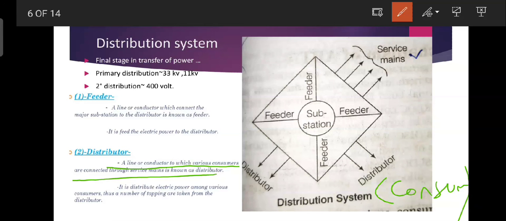All those consumers are connected through the distributor. I think it is also clear to you. It distributes electrical power among various consumers, and a number of tappings are taken from the distributor. So I think the tapping transformer is placed over here in the distribution system.